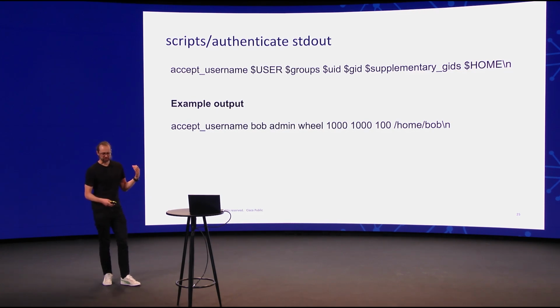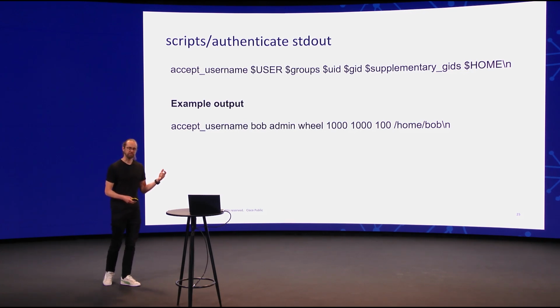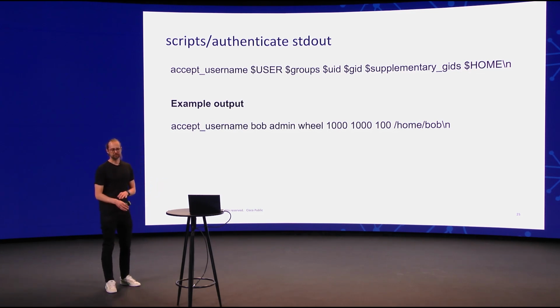Previously with external authentication, you passed username and password to NSO, and then NSO already knew about the username. But in this case, we might not. So the example output here would be maybe accept username, the user, the groups, UID, etc. More groups, home directory.